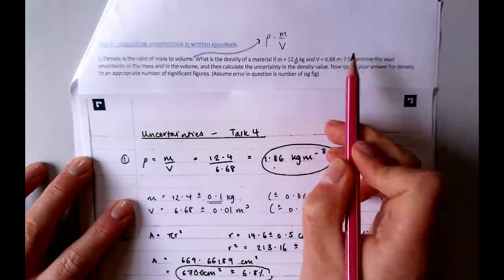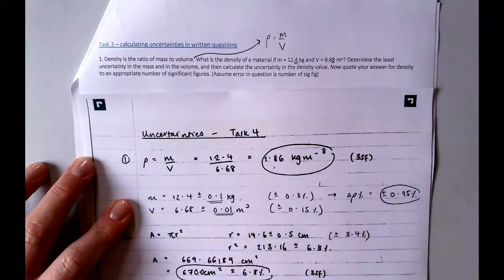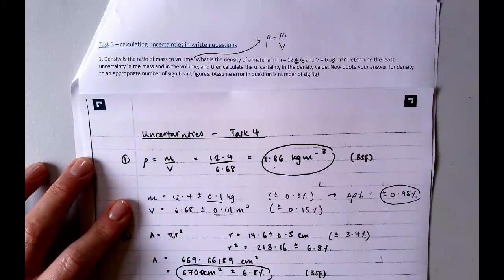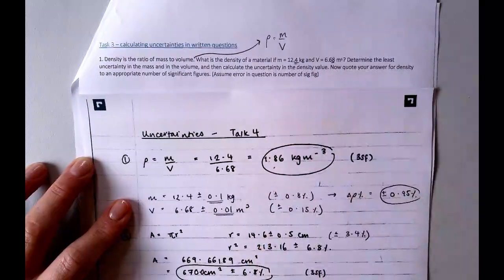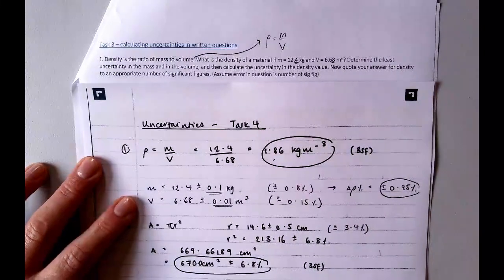And then again, for volume, my number of significant figures tells me the precision of the instrument. Okay, so I know my absolute uncertainties in my mass and my volume purely by looking at how many decimal places I've got, basically.